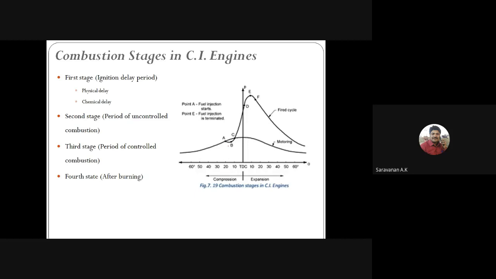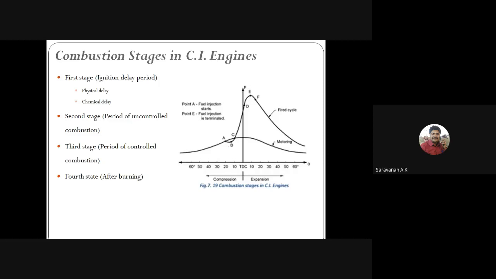Therefore, the pre-flame reaction starts slowly and accelerates until it ignites the fuel.